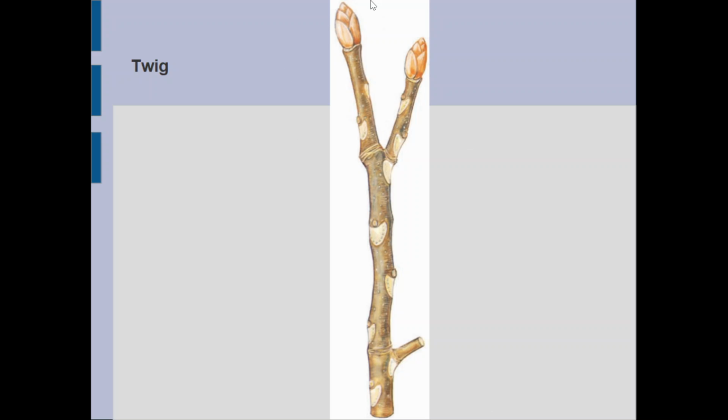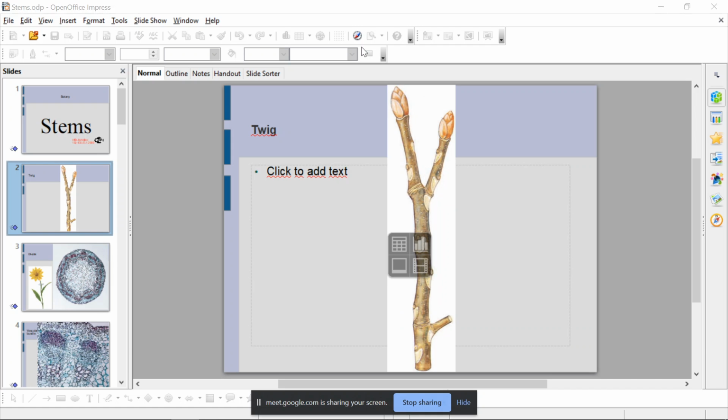So this is a twig of the woody plant, and this is a bud that will give rise to a flower or a side stem. There are two buds here. This is a terminal bud.